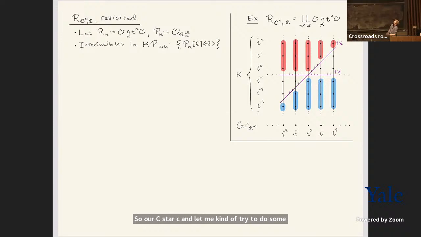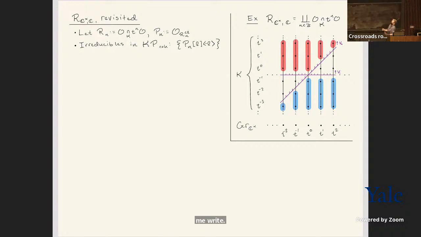So first, as we said before, R C star C is this disjoint union of countably many components. Let me write the nth component as R sub n. And in this case, this is a sufficiently elementary case that one can write down all the simple objects, do everything by hand.